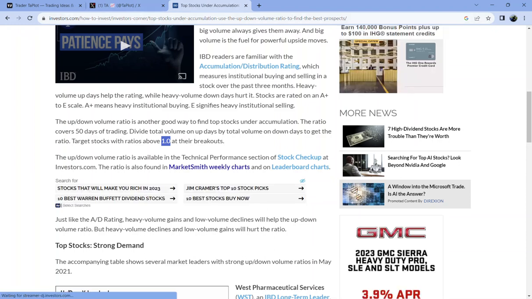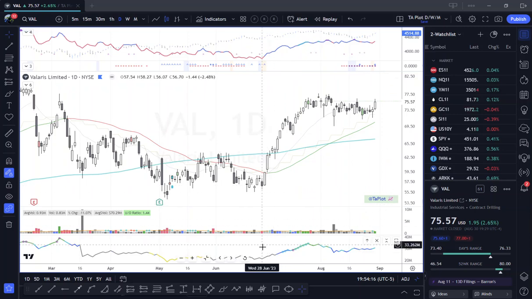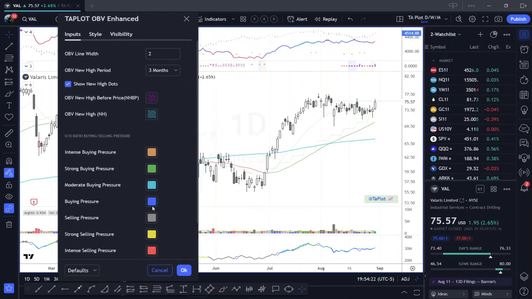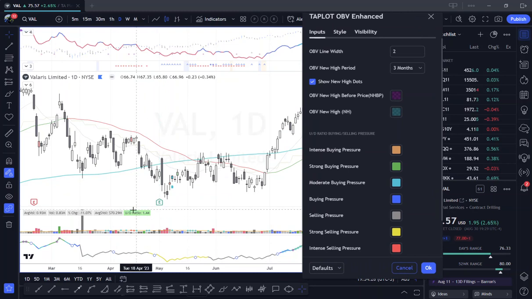And that's really what the colors that I have are for. When the indicator turns blue, that means the value of up-down volume, which I also have on the volume indicator, is 1 and above. And then I just have it tiered up as the value increases.